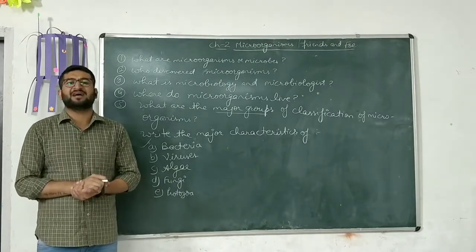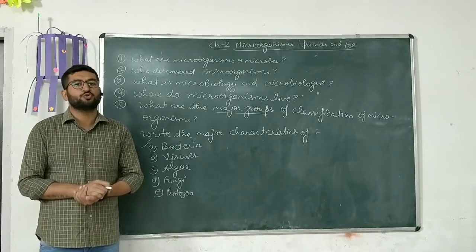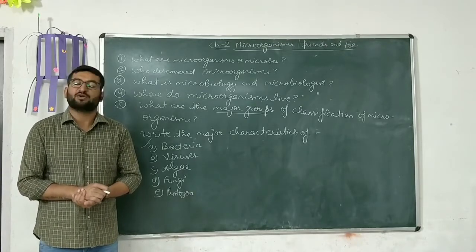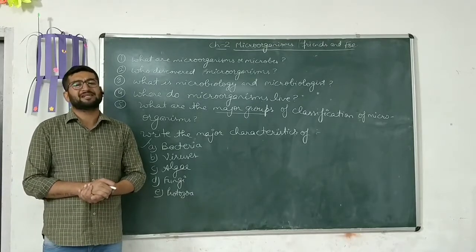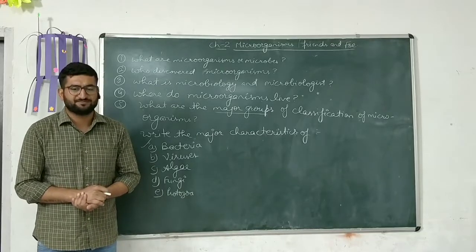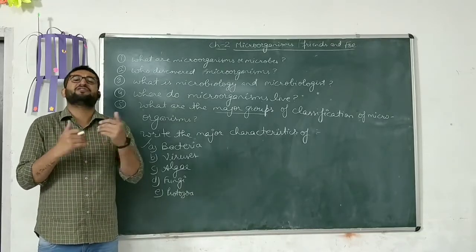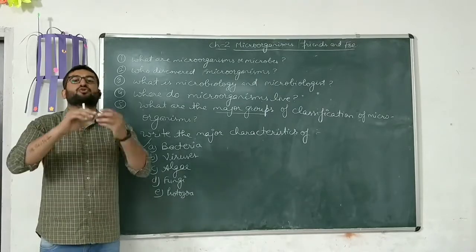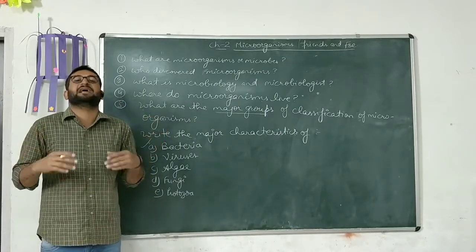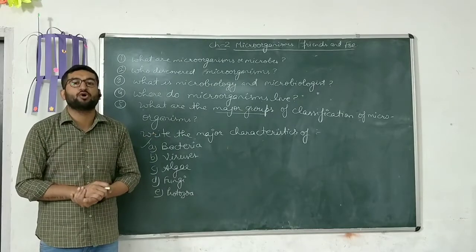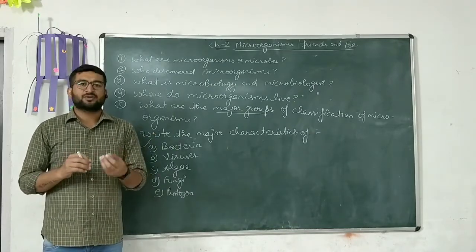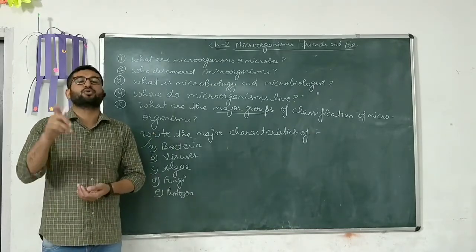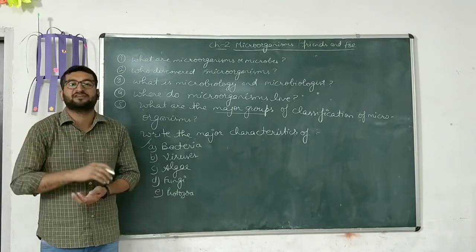The size of bacteria ranges from 0.2 to 1000 microns, and 1 micron is equal to 10 raised to the power minus 6 meter. Bacteria are of different types on the basis of their shape. For example, bacilli, that means rod-shaped bacteria. Example: Escherichia coli or E. coli. Next, cocci or coccus, that is circular or spherical shape.